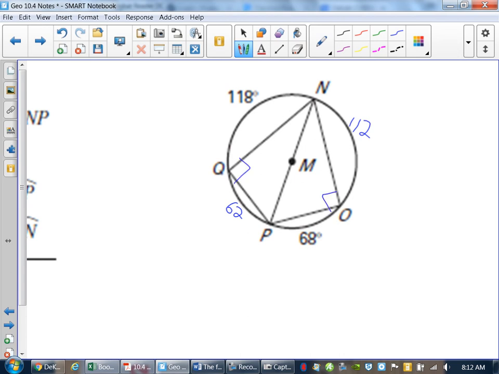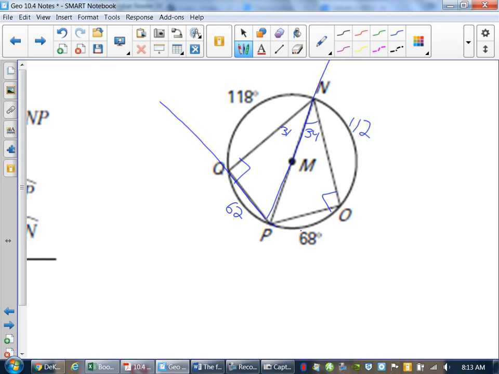Okay? Then you go on to the next bit. If I follow through here, this arc is 68. The angle that runs into it is here, which means that has to be very good. On the other side, how much does it have to be? 31, good.